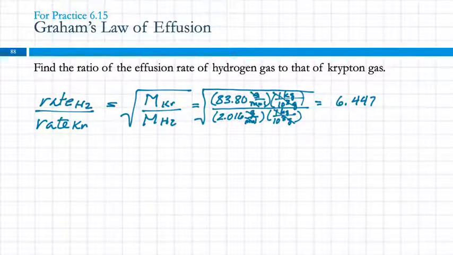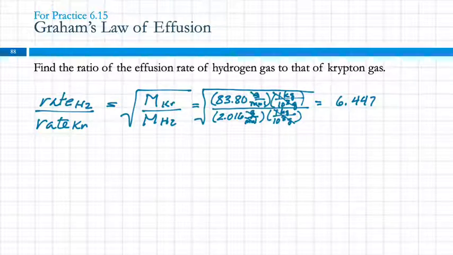This is related to the root mean square velocity equation, where capital M was kilograms per mole. Here we can use grams per mole, but some people find that confusing, so you can convert to kilograms, but I'm also showing you that it doesn't matter.